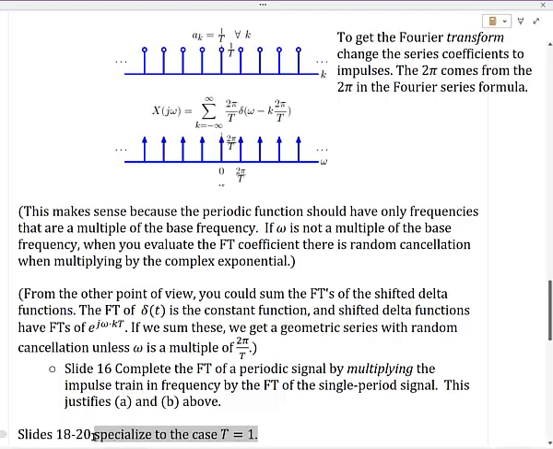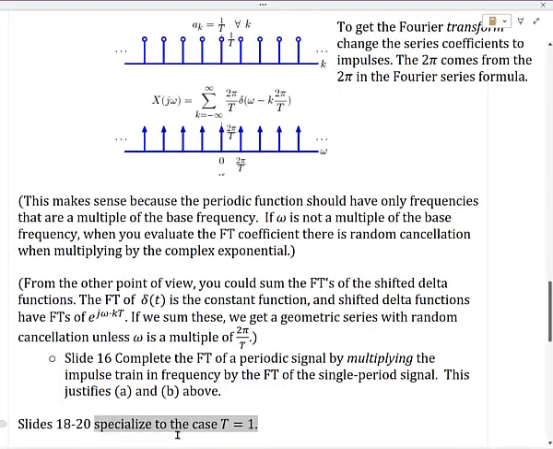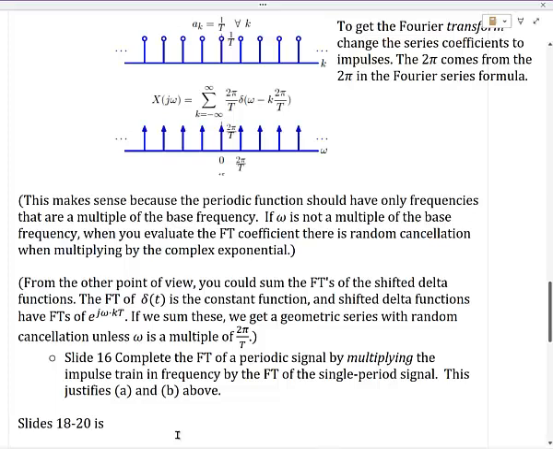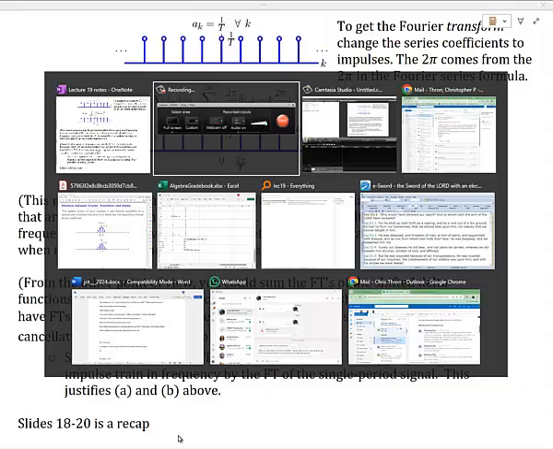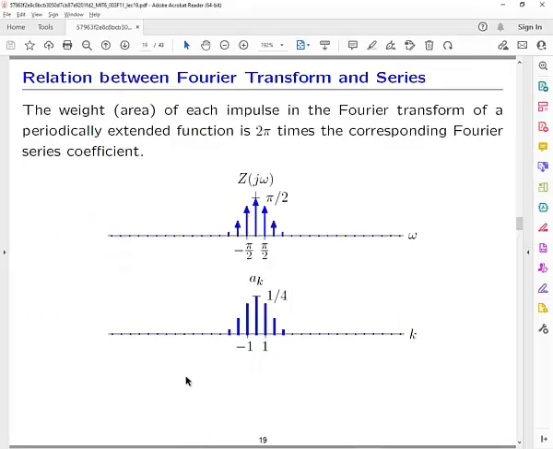Now, I wrote here that slides 18 through 20 specialize to the case T equals 1. That's not true. So I'll just say this is a recap. If we look at slides 18 through 20, so this is slide 19, you can see that he's saying the same sort of thing, that the impulses substitute for the Fourier coefficients, because when you integrate, the integral weight of each one of these pulses is 1, and you get pretty much the same thing.